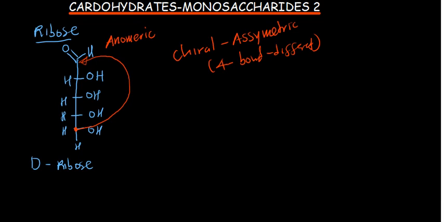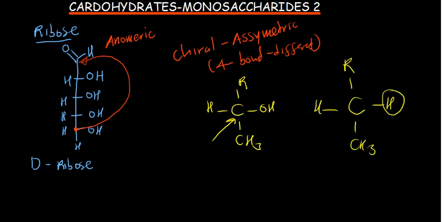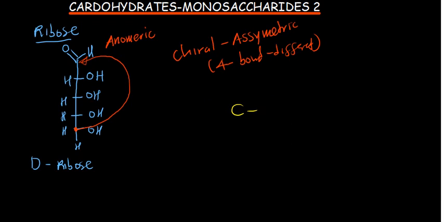So you just have to count how many carbons are bonded to 4 different things. For example, this carbon here has got H, it has got H, it has got OH, and then it has also got this group which is this side. So it is not a chiral carbon because it has got 2 H's. So you can count in the ribose how many carbons are chiral. Okay, I just needed to state that because it's a common question which comes in the exam.